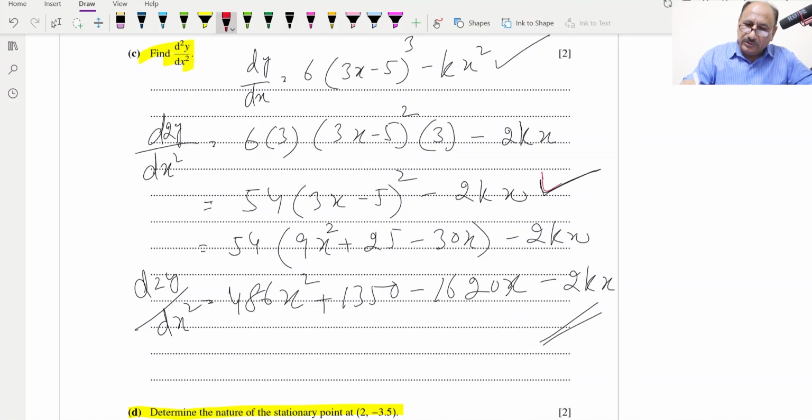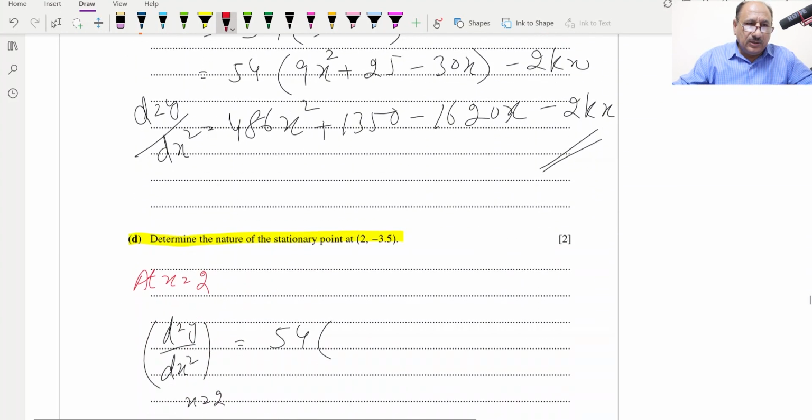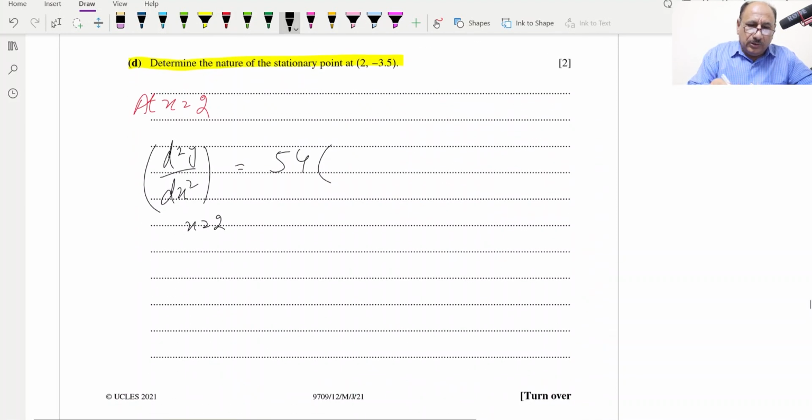Hopefully you are understanding this equation. We are replacing 54 into 3 into 2 minus 5 squared and minus 2kx, so it will be 4k, and this will be equal to what?